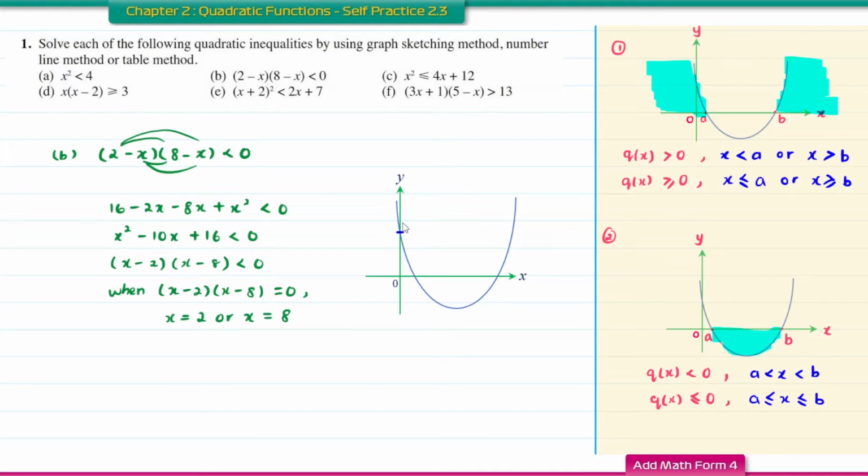Here is the y-intercept, which is equal to 16, and the roots will be 2 and 8. As this quadratic inequality is less than 0, the range of values of x is determined on the graph below the x-axis. So it will be here. The value of x will be in between 2 and 8. So the solution for question B is x greater than 2 and less than 8.